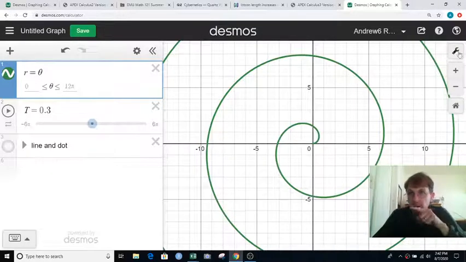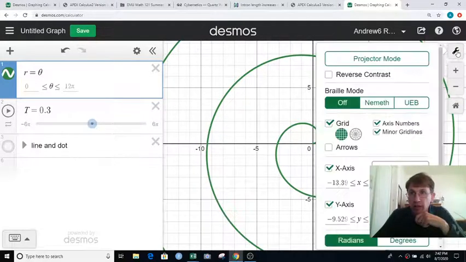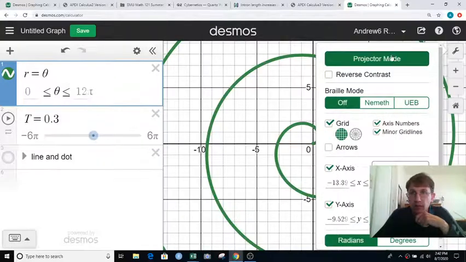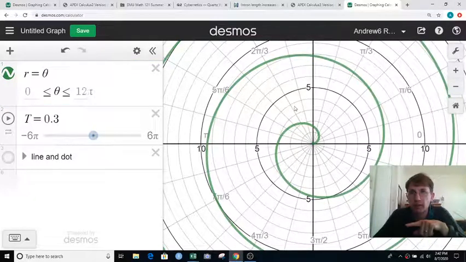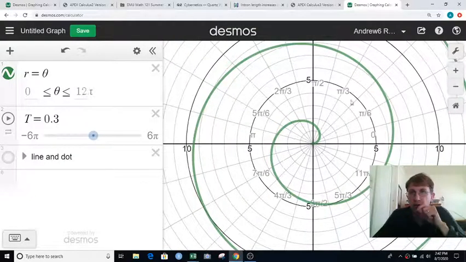So if you go up to the wrench in the upper right here, graph settings, first we can turn it to projector mode, and then for grid, there's a rectangular grid and a polar grid. So let's click that, and then click over here to be done. So now, instead of x and y grid lines, we have r and theta grid lines.